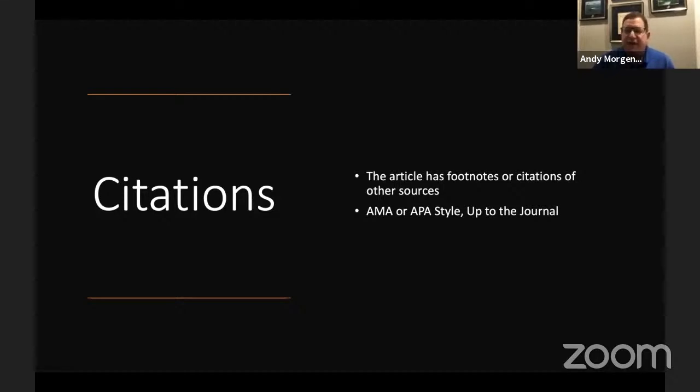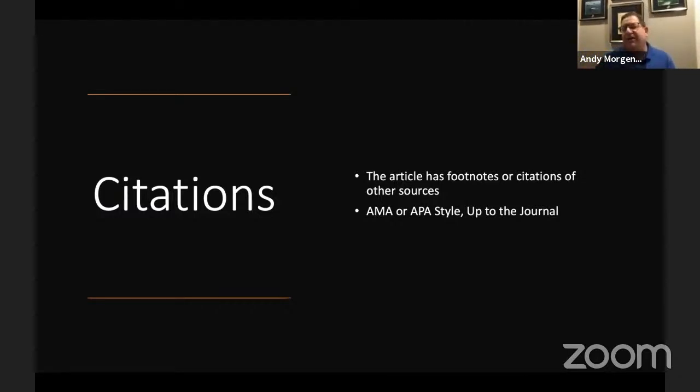citation from the ETDRS, the Early Treatment Diabetic Retinopathy Study, even though it was from the 1980s and 1990s, that is a landmark study that gave us a tremendous amount of information on diabetic retinopathy. I want to see those sources in the paper that I'm reading and grading.